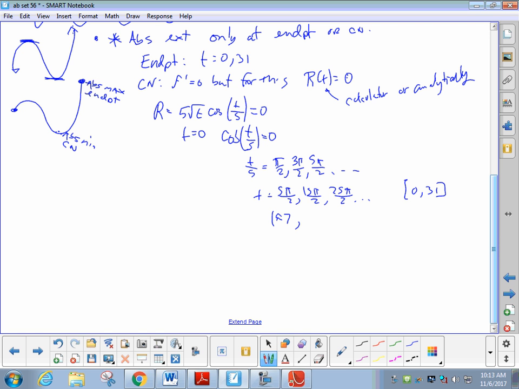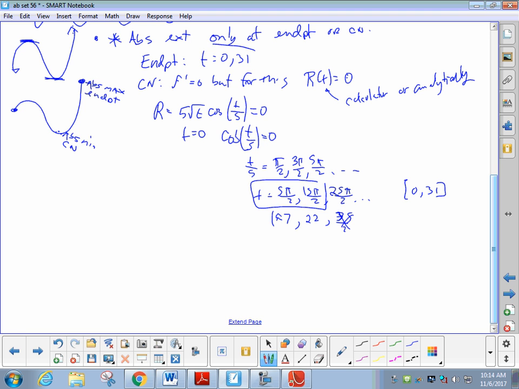Okay. What about 15 pi over 2? 21, 22, something like that. How about 25 pi over 2? It's probably 75 halves. That's probably too big. So I think the viable critical numbers are those.